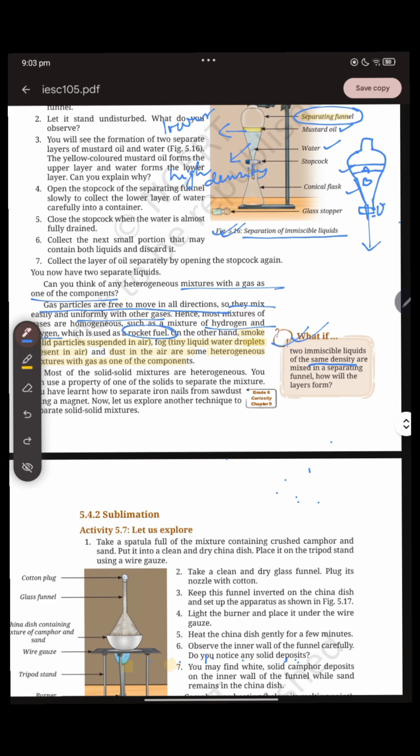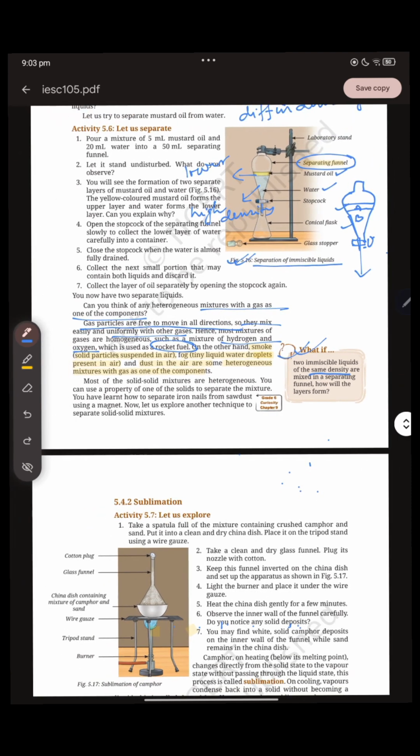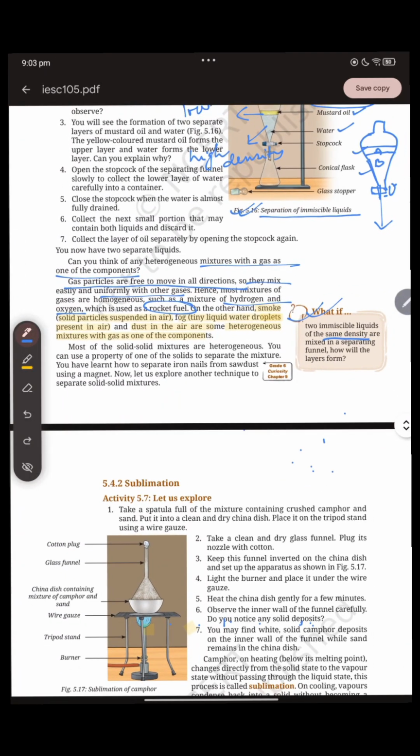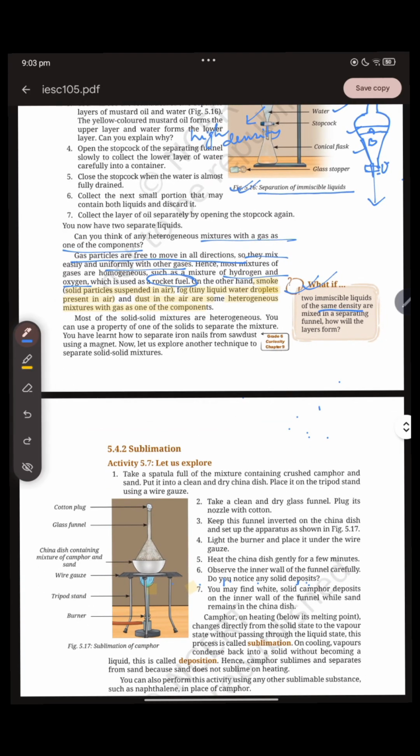You can distinguish them if they have different colors, but if they don't, you cannot distinguish them either. For such liquids, you have other methods of separation. Other than density, you can use solubility. So the methods of separation will change for such a case.